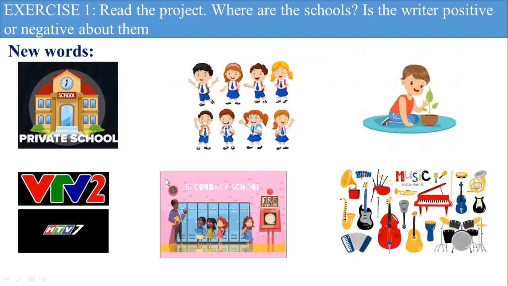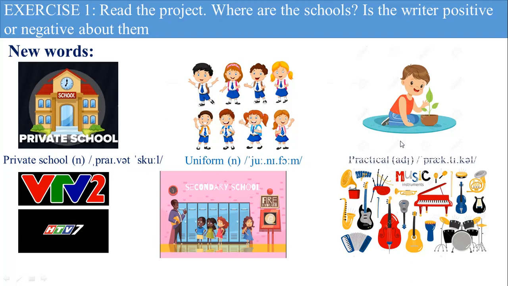Now, more new words for you. Private school. Students have to pay much money when they go to private school. Yes, trường tư. Now, these students are wearing uniforms. Uniform. Yes, đồng phục.